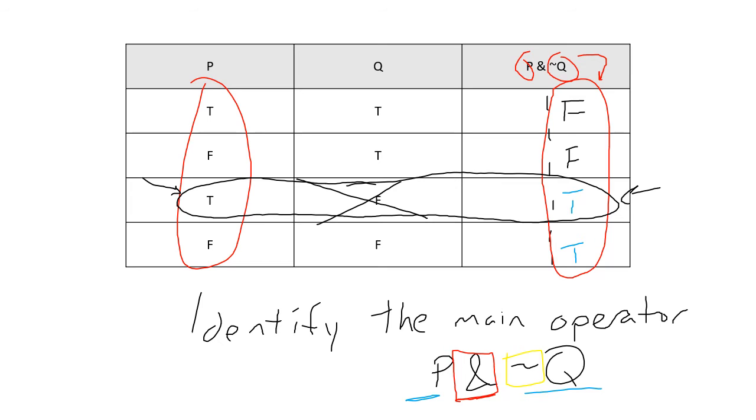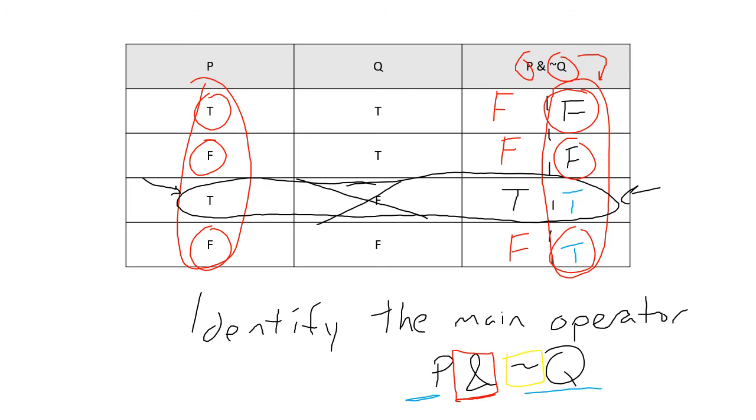So the tilde Q is true here in row 3, and so is the P, so this one has to be true. Looking at these other ones, well, you have false and false, so that's got to be false. You have true and false, that's got to be false. You have false and true, that's got to be false.